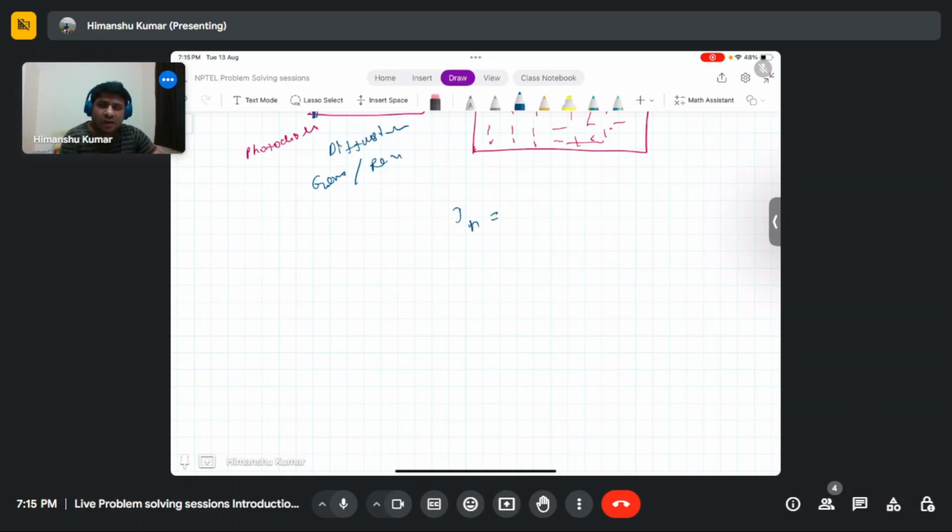Suppose, for example, for electrons, the total current due to electrons is Jn drift, the current density due to the drift, plus Jn diffusion, the current density due to diffusion. That is similar to nq(mu n plus mu p) times the applied field, plus the diffusion because of the concentration gradient.